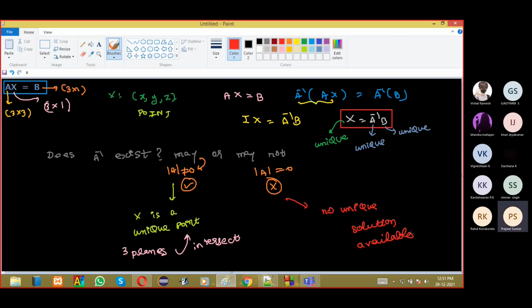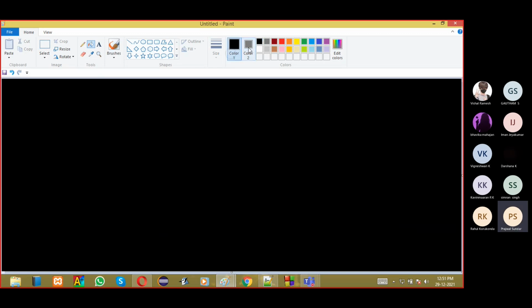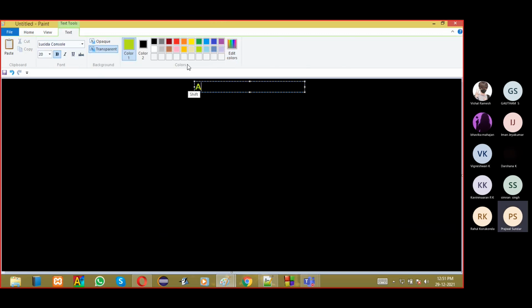So what we have to do is analyze this case in depth. This case has a lot of visualization, which I'll be giving now. We'll split the entire thing into 2 parts. We have Ax equal to b.